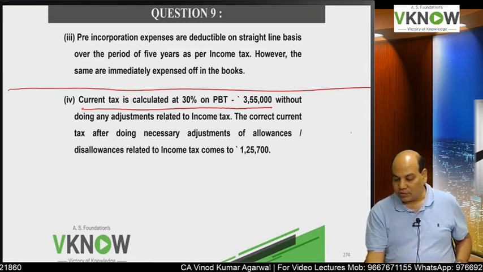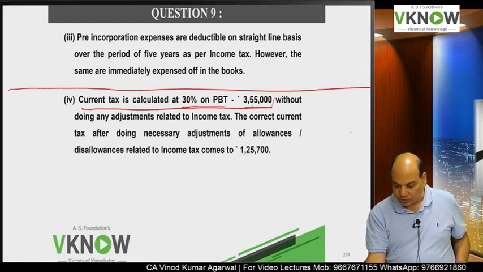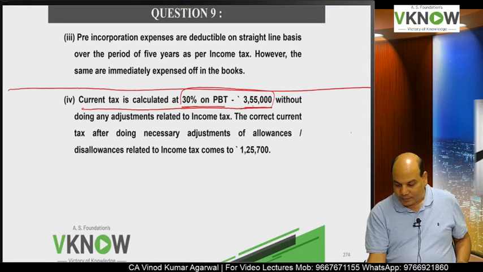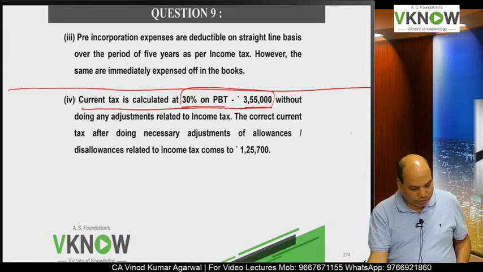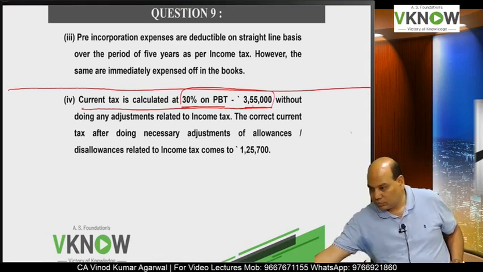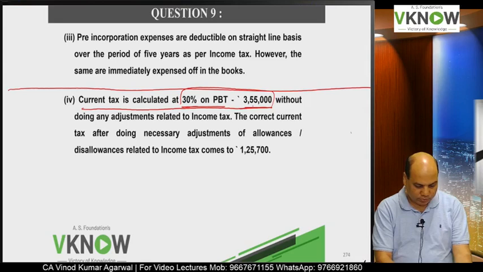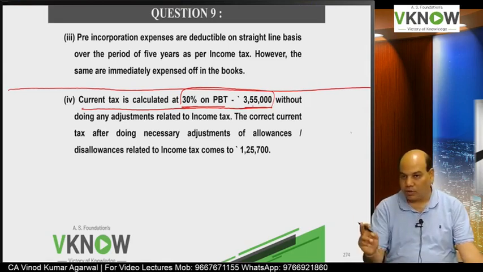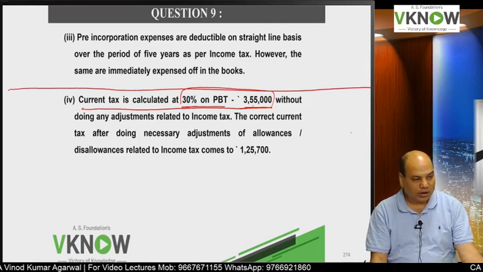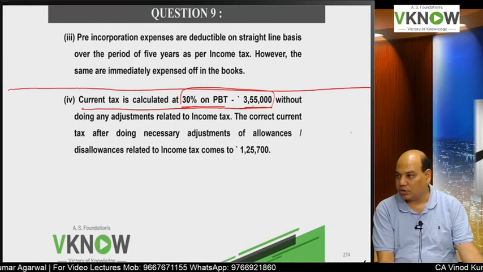Then current tax is calculated at the rate of 30% on PBT, that is 3,55,000. So if you look at your question, how much tax have they calculated? 3,55,000 into 30% is how much? 106,500, and that is what is appearing in the P&L account, and in the balance sheet also, under short term provision.